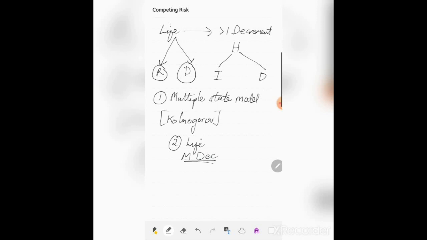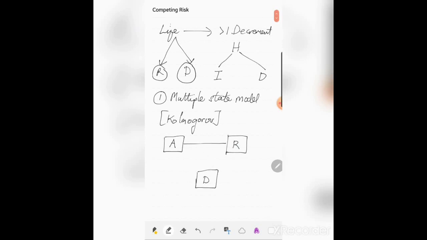Now let me focus more on this multi-state model itself. Let's say I talk about a three-state model, a very common application. A person is in an active state, he may move to a retired state or to a death state.